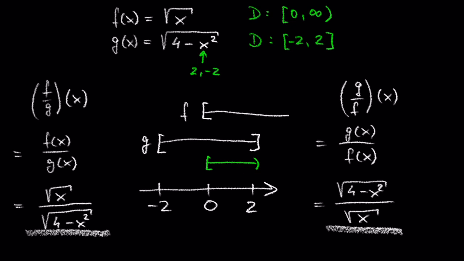What about the domain of g of x over f of x? The domain of this quotient goes also from 0 to 2. But the 0 is not included. The 0 is not included because the square root of 0 is 0, and 0 is not defined in the denominator.